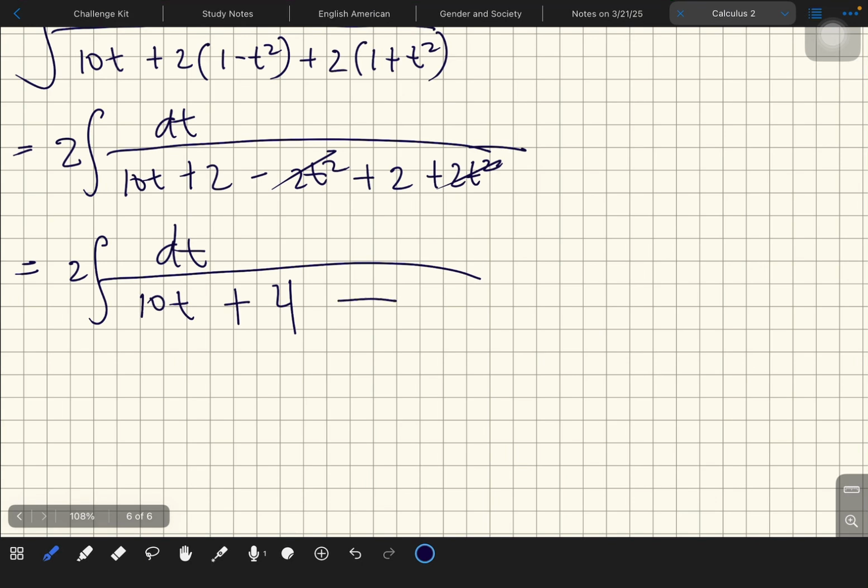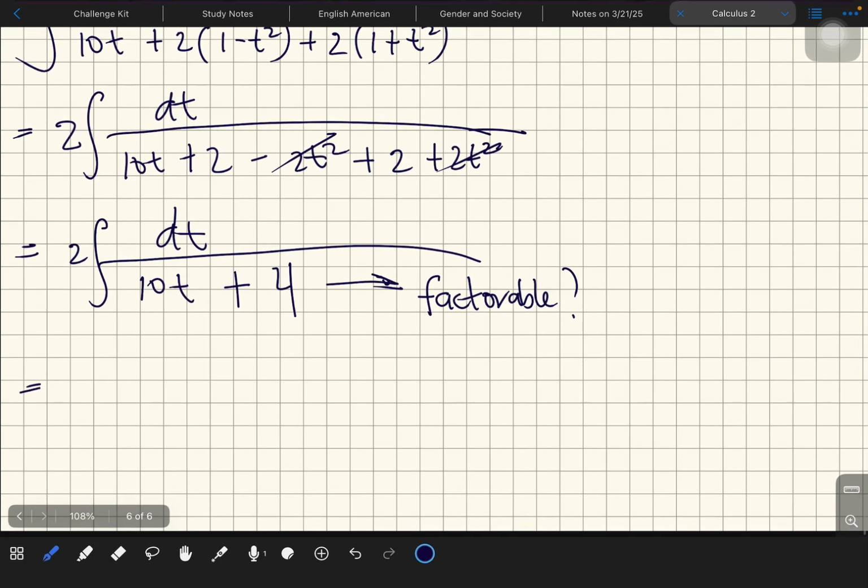Thus the 10t plus 4 is factorable. Yes, it is. So the equation will become 2 times the integral of dt over 2 times 5t plus 2. So cancel out the 2.